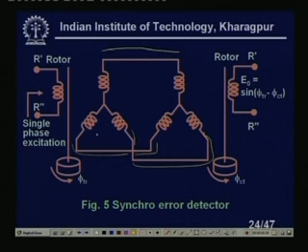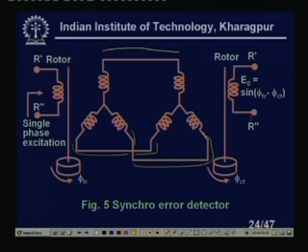If the rotor positions are different, I will get an output voltage which can be given by E0 equal to sine of (phi TR minus phi CT). Phi CT is the position of the control transformer, whereas phi TR is the position of the transmitter. There will also be a multiplying factor K, which I am not writing.